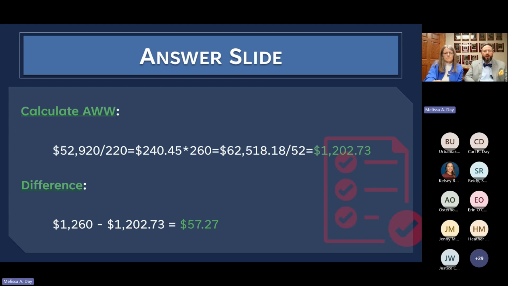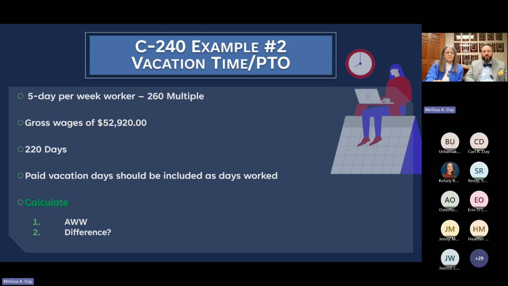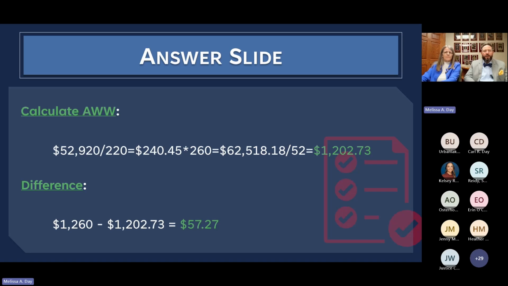So in this case, our calculation now adds up to $1,202.73, which means by simply crediting those vacation days to ourselves, as is appropriate under the statute and case law, we've saved $57.27.